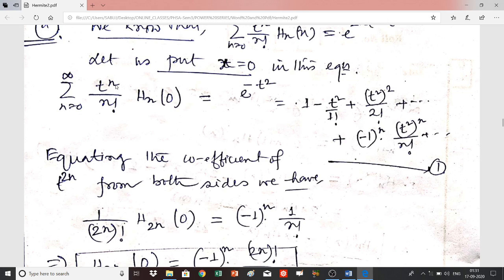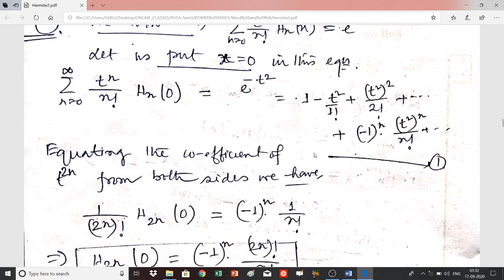So if you replace n by n plus 1, on the right hand side there will be no odd power of t, because in this case the power will be n plus 1. If you wish to compare the coefficient of t to the power 2n plus 1, on the right hand side there is no such term, because all the terms are even powers of t.